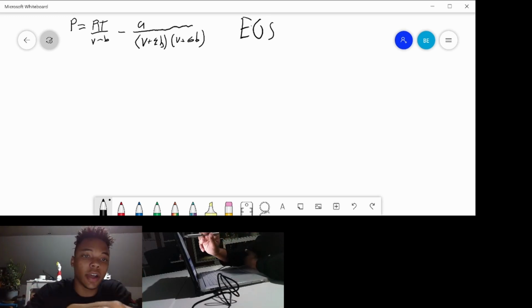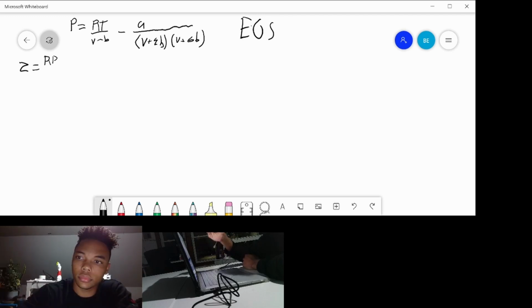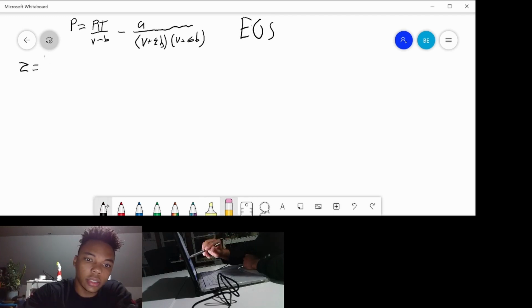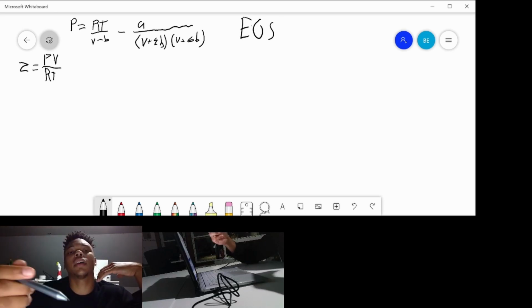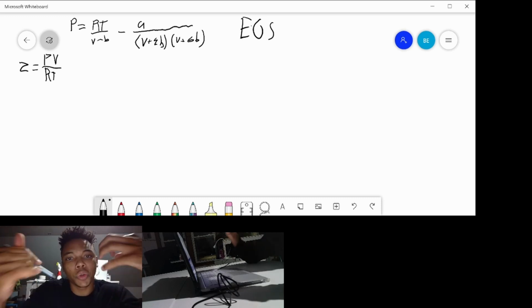But what we're trying to do is incorporate our compressibility factor into our equation. Our compressibility factor is Z, and Z is equal to PV over RT. What we need to do is figure out how to put Z into our equation of state.